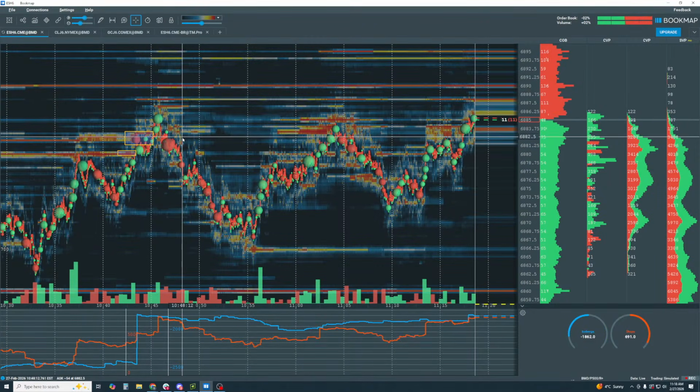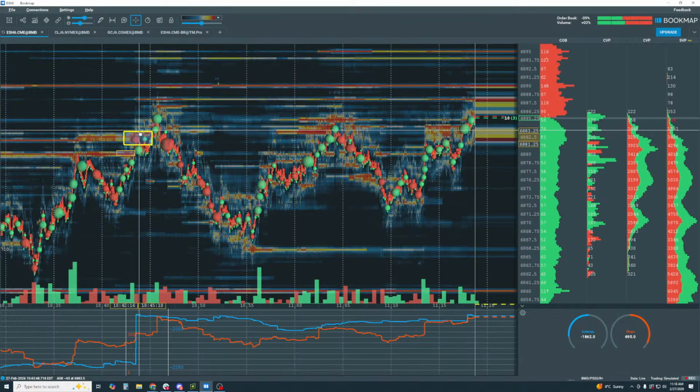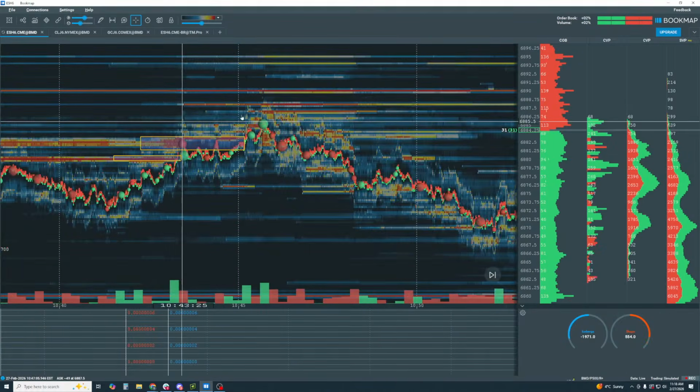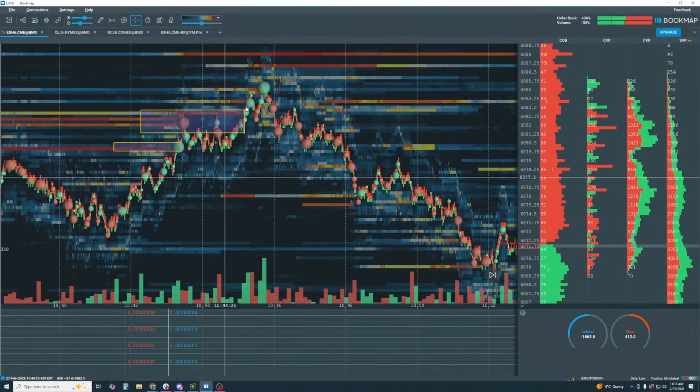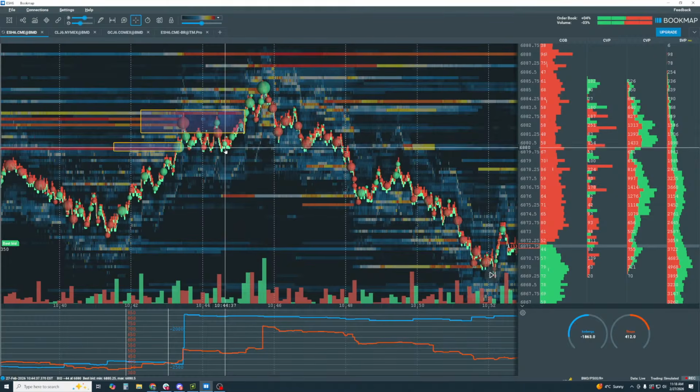Now that said, it depends on the time frame that you're trading. That said, you can see that this did work out, and your expected move in here though is going to be muted.